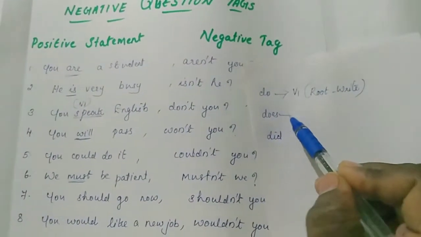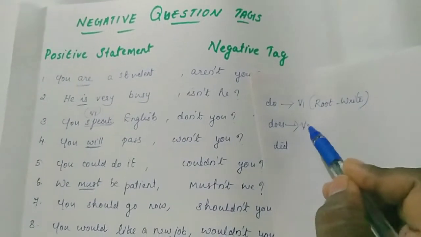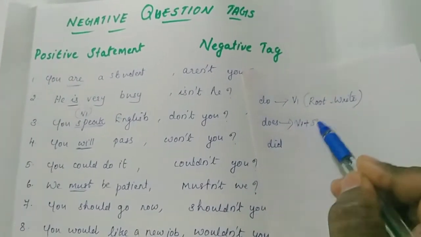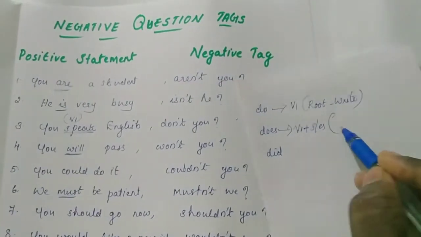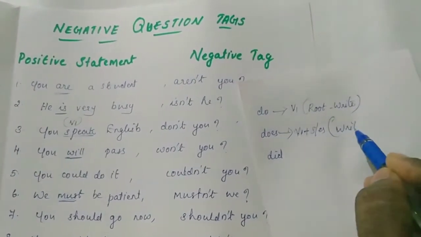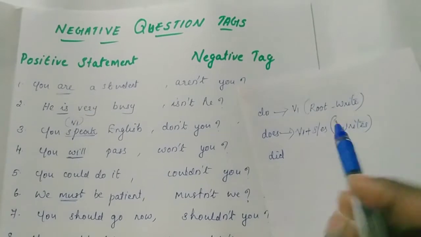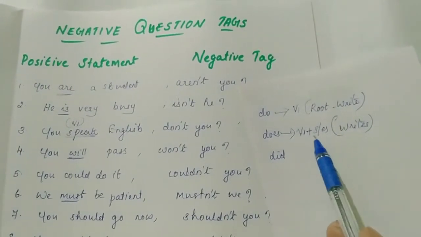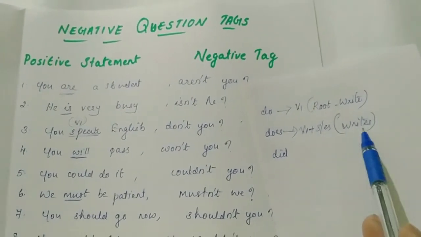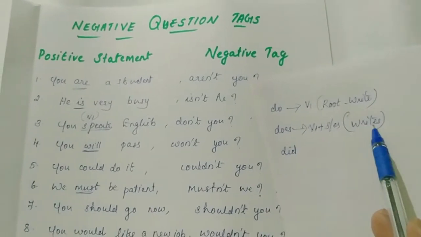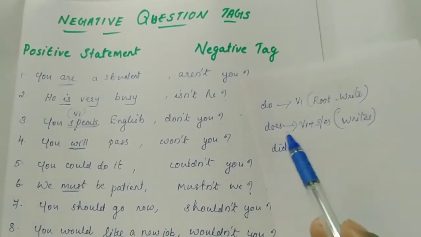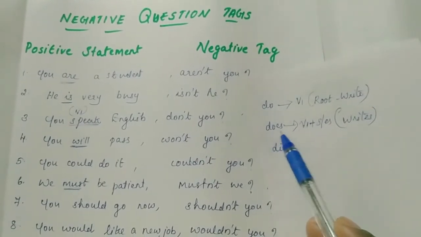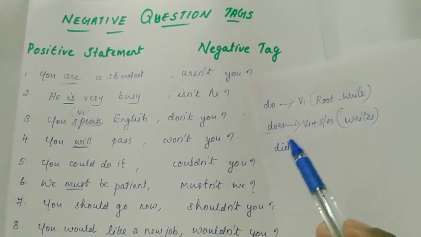If the verb is in the V1 form plus S or ES, for example writes, write plus S is writes. So with the verb S or ES, we have to take the auxiliary form does.